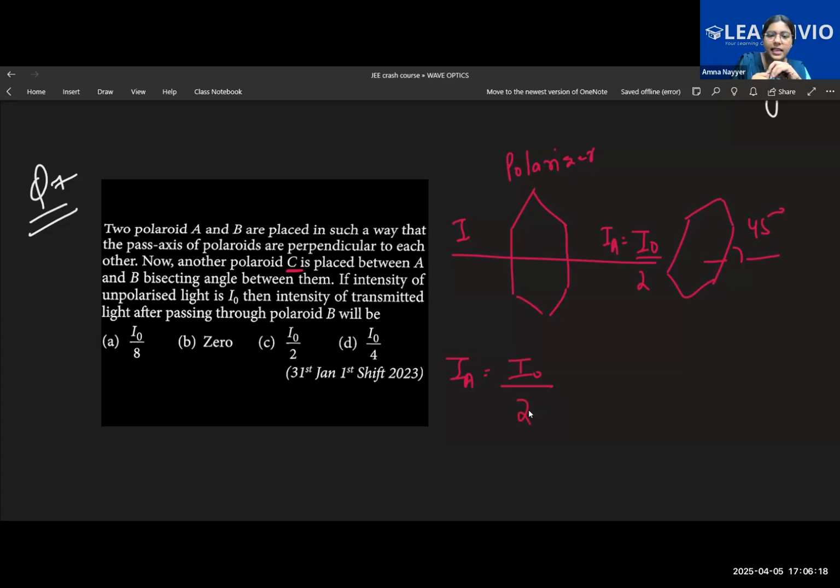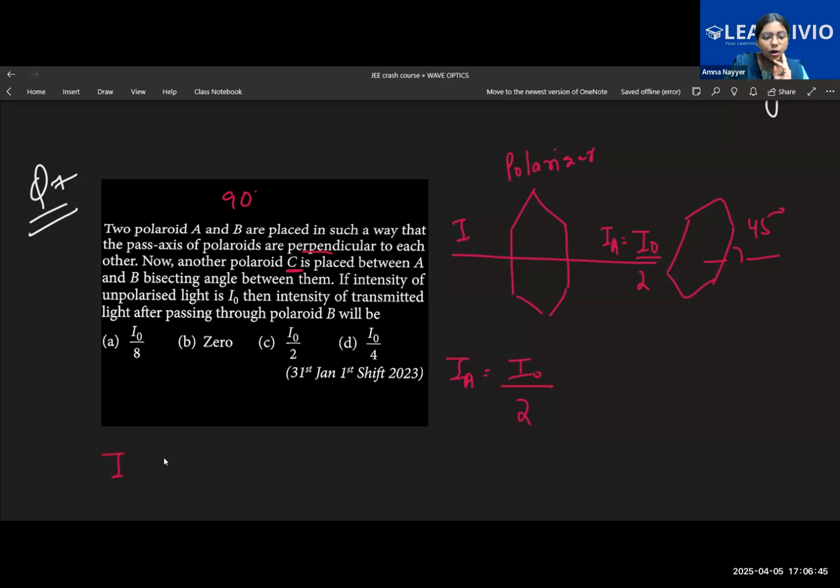This is when the light has only passed through the polarizer, which we take by default. In the first case, they are perpendicular to each other. Now another Polaroid C is placed between A and B, bisecting the angle, so as rightly answered, this will be 45 degrees.